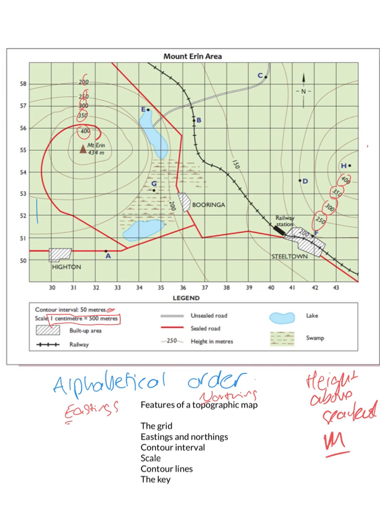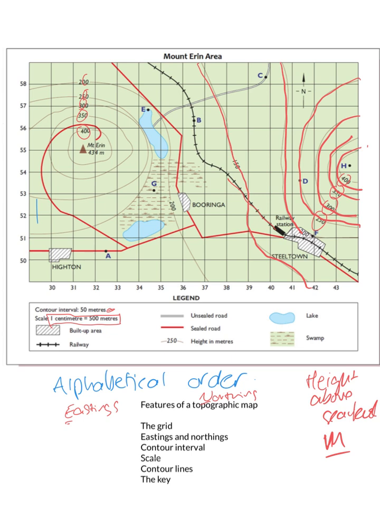The contour lines are these ones here. Contour lines join places of the same altitude or height above sea level. You will never see a contour line touch another contour line. If they're crossing over something, it's going to be a man-made feature such as the railway tracks, or they might cross over a river or a creek, but they don't touch.